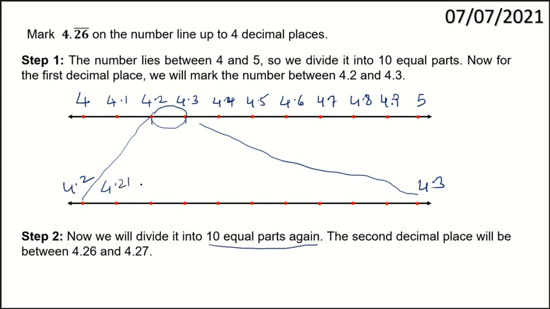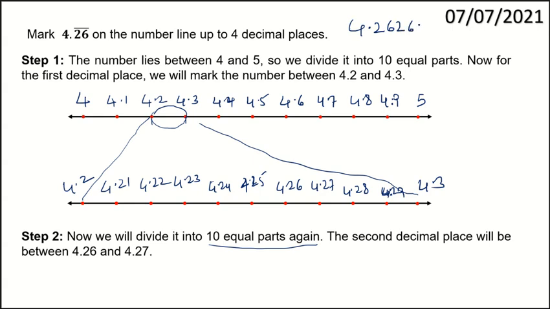where it will be 4.21, 4.22, 4.23, 4.24, 4.25, 4.26, 4.27, 4.28, 4.29. So this 4.26 to 4.262626 and so on it is.